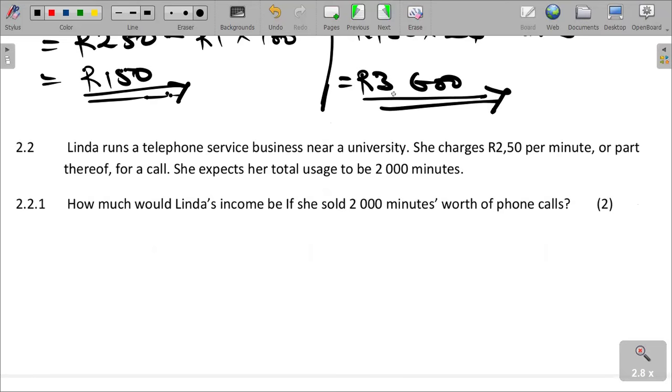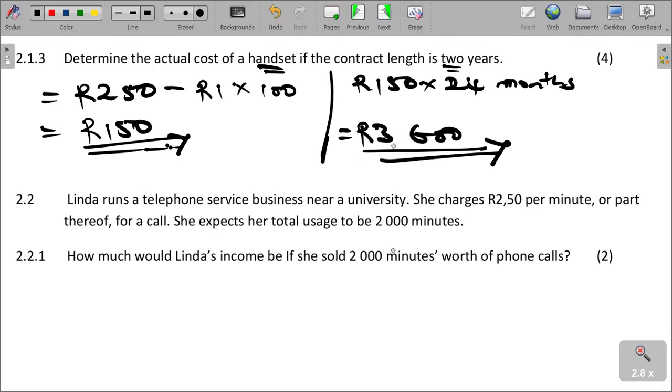And then we go to the next question, 2.2. Linda runs a telephone service business near a university.